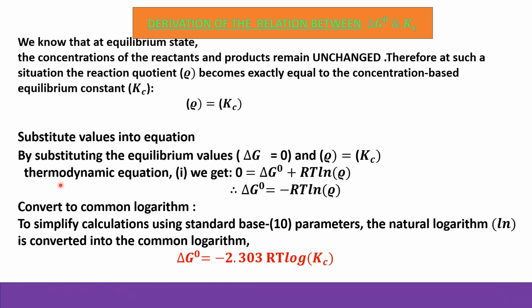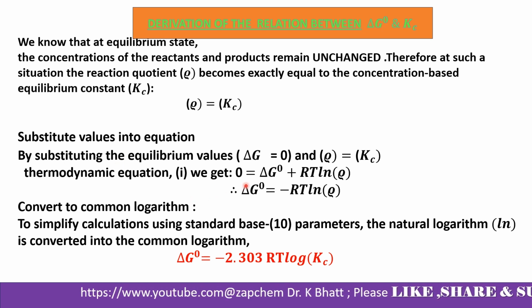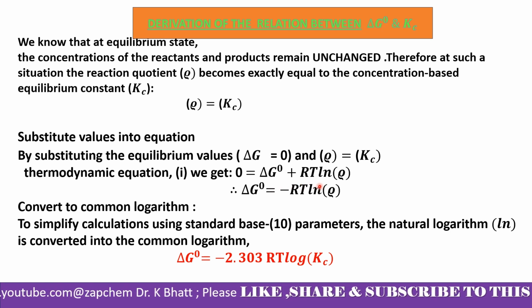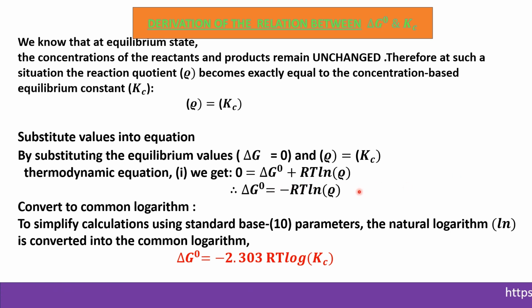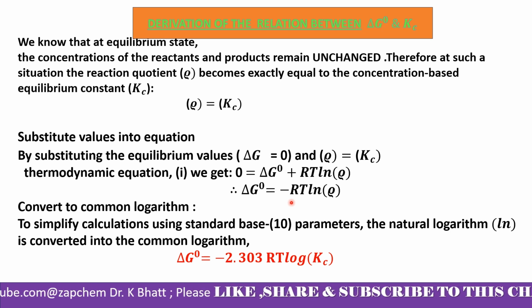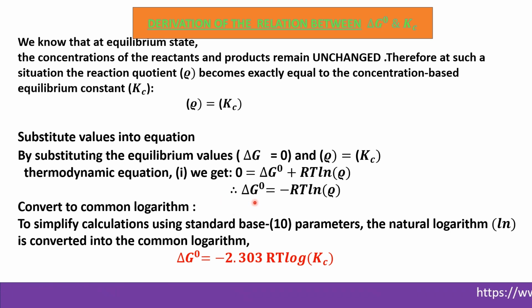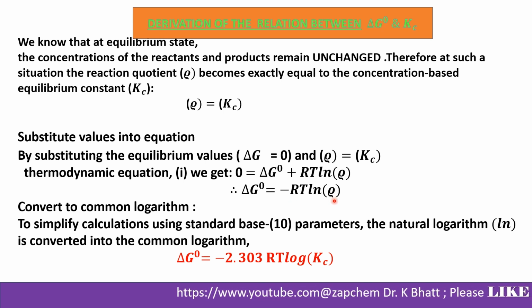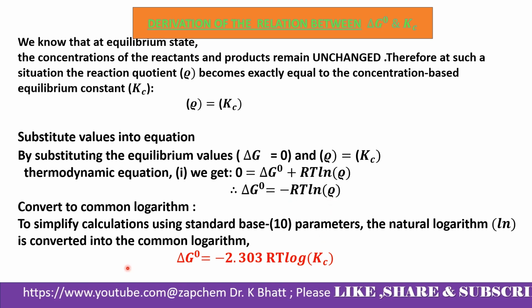So we substitute the values given earlier in equation 1. We get 0 is equal to delta G naught plus RT ln reaction quotient, Vero. Performing a mathematical transfer, delta G naught becomes equal to minus RT ln Vero.